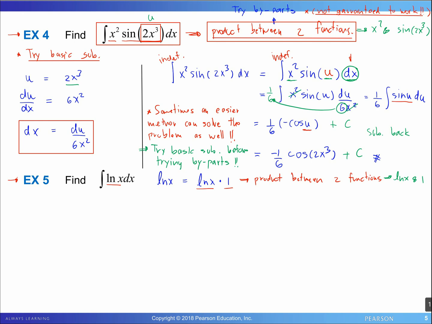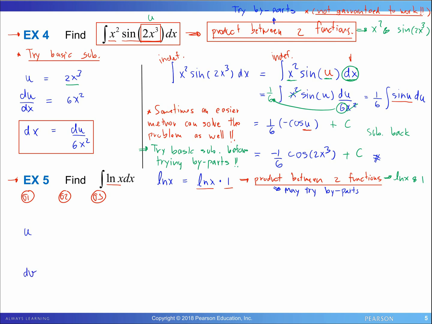With this pattern, we may try integration by parts. So once again, 3 guidelines: g1, g2, and g3. And now we pick one function to be u and the other to be dv.